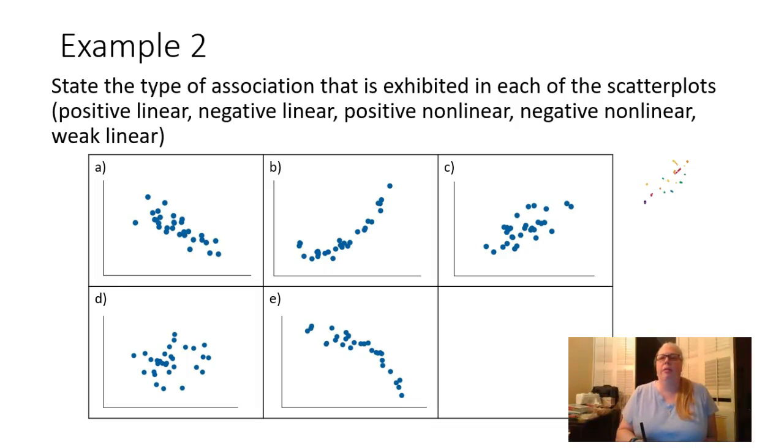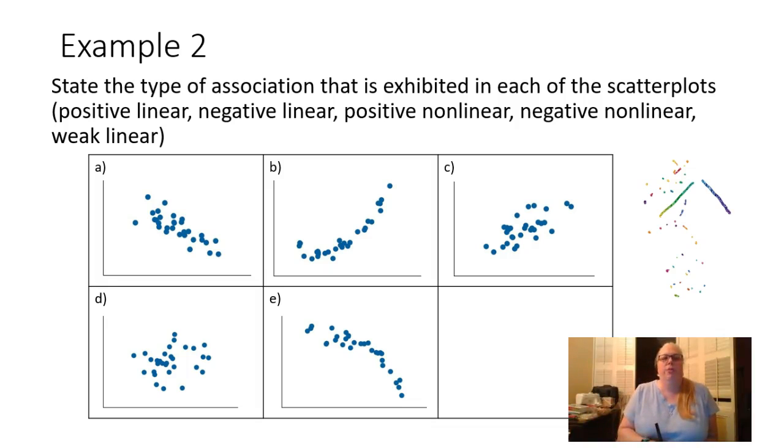If it's nonlinear, then we're going to be looking for something that maybe curves around this way or around this way. So there's going to be a slight curve to it. Positive is going to be heading uphill, negative is going to be heading downhill. And something that's weak is just going to look like your points are scattered all over the place and they don't really suggest anything at all.